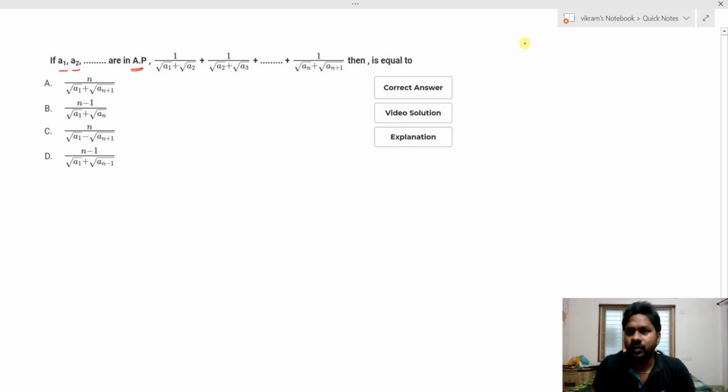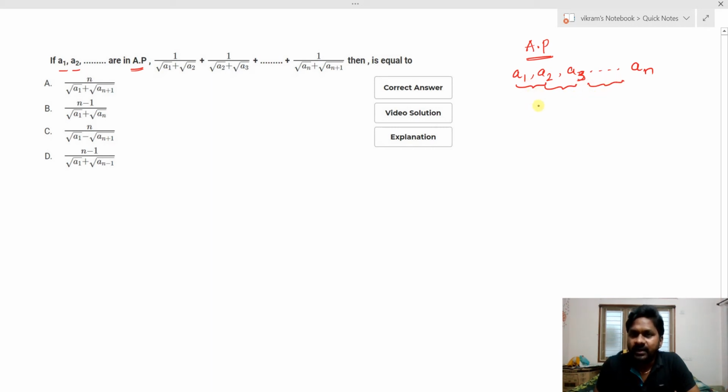Now we have to know the concept of arithmetic progression. If a1, a2, a3 and so on, an, are in arithmetic progression, the basic concept is that two successive terms differ by the same quantity.